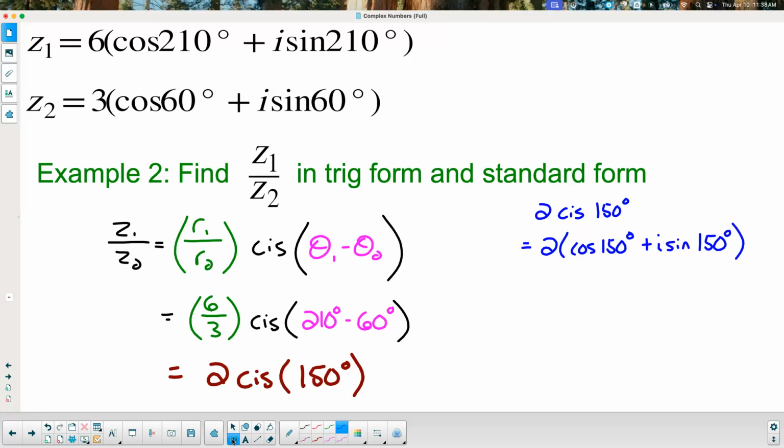What is the cosine at 150 degrees? Negative root 3 over 2. What is the sine at 150 degrees? 1/2. So 2 times negative root 3 over 2 is just negative square root of 3. 2 times 1/2 is 1. So that's going to be plus i.